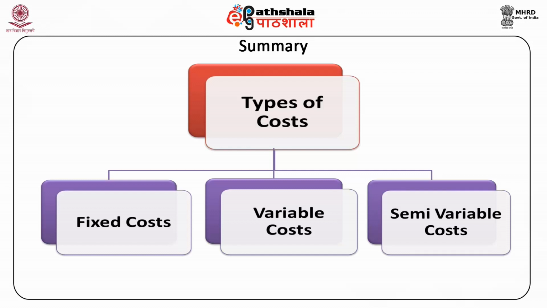In other words, as sales increase, the variable costs increase. Semi-variable costs are the costs which have the feature of both fixed and variable costs. It is incurred even when there is no activity as fixed cost and also increases proportionately as the level of activity increases like variable cost.